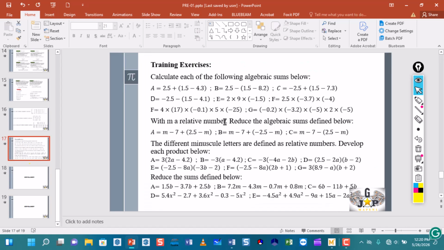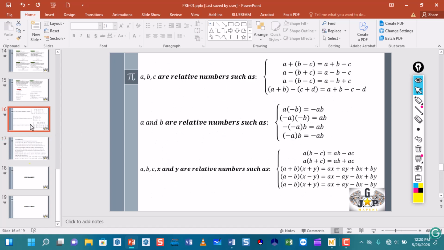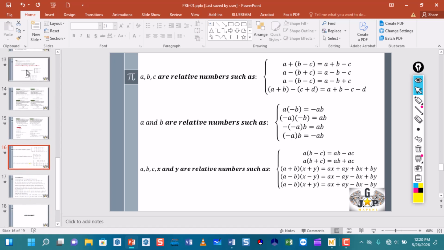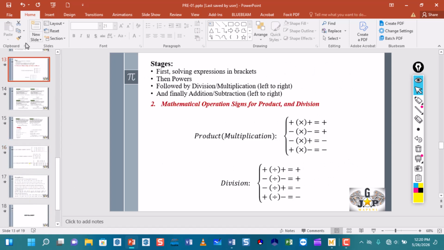Some of the training exercises are referential and parallel to the formulas in slide 16. You see that there are formulas here, and you have the sign formulas in slide 13.